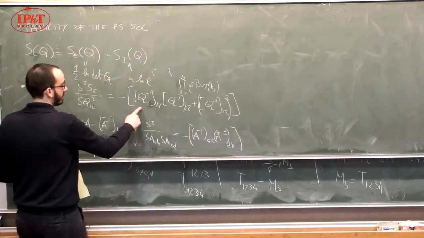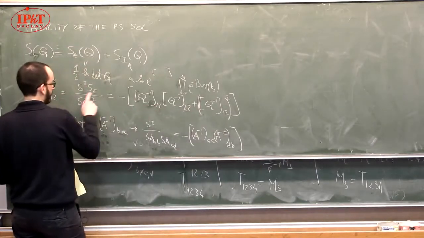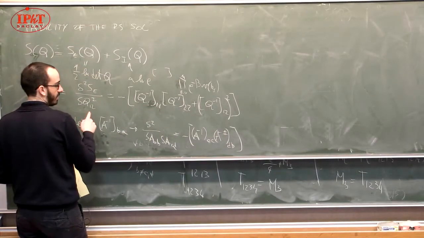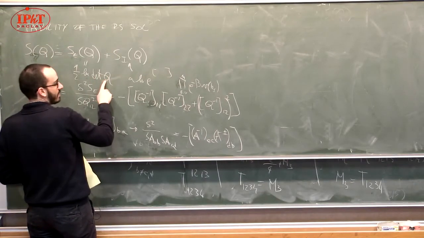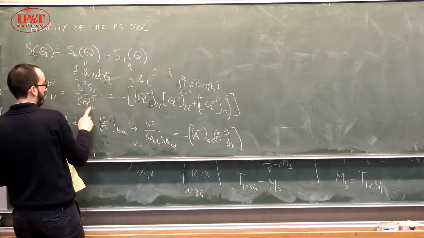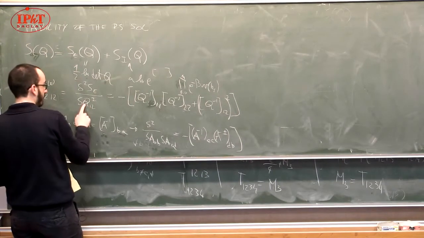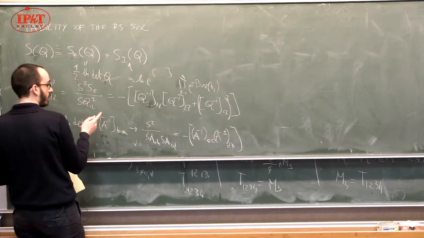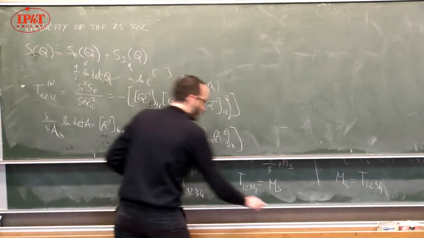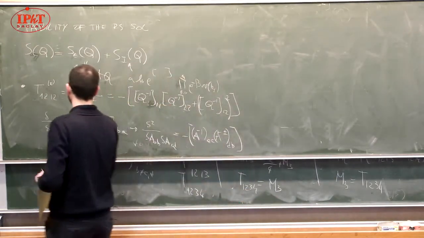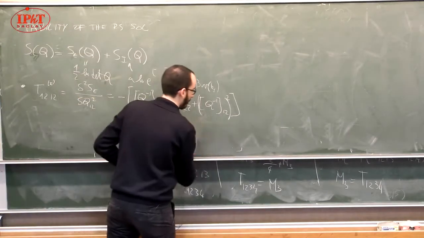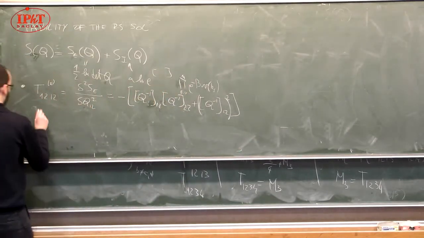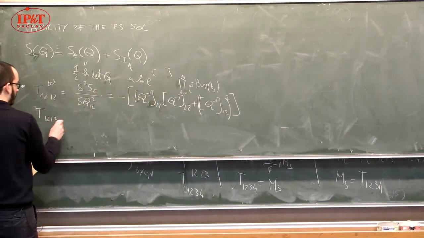And here, these terms just arise because this matrix is symmetric in the end. So this expression is in terms of a symmetric function, and so you have to take care of the derivatives with respect to 1, 2, and 2, 1. Okay, so using this, you can get all the terms. I will write them here. So you have T 1, 2, 1, 3.